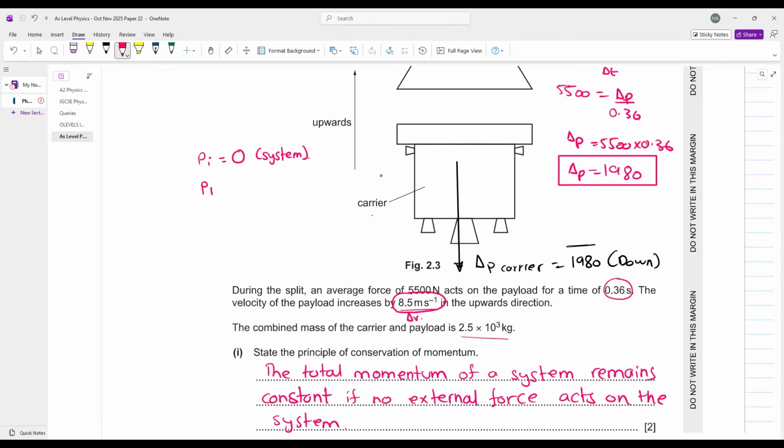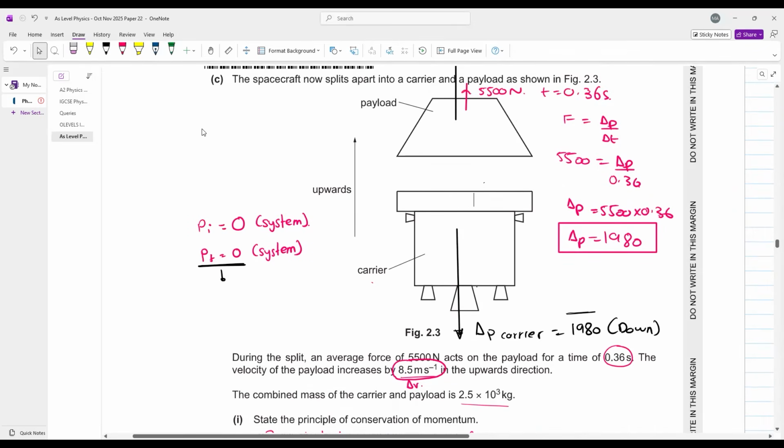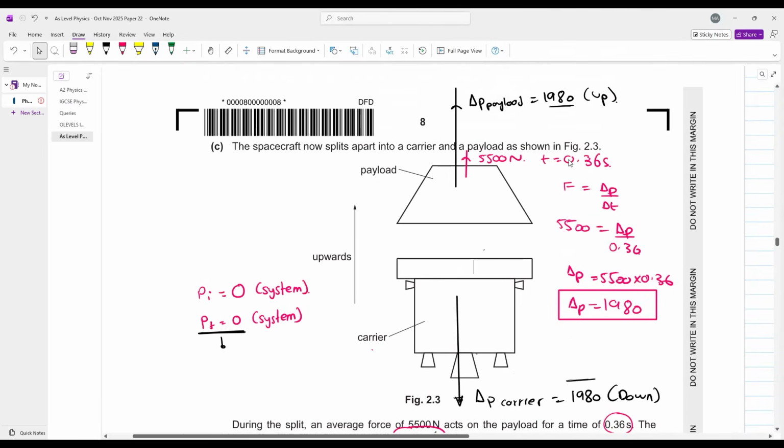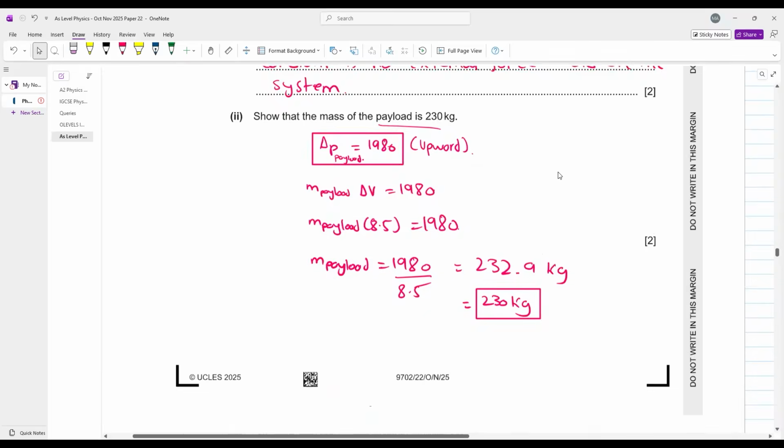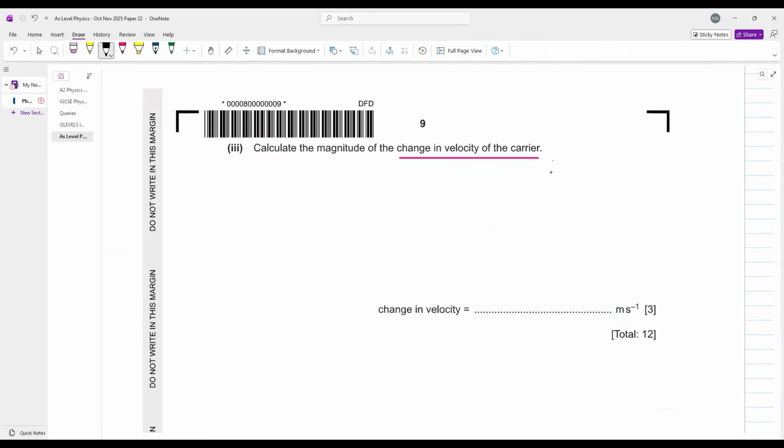Hence, the final momentum of the system should also be zero. अगर आप चाहते हो कि final momentum zero हो, the payload का momentum and carrier का momentum should be equal and acting in opposite directions. Okay, so you can say that the momentum of the carrier is 1980. Perfect.